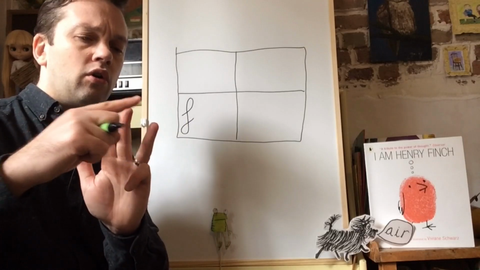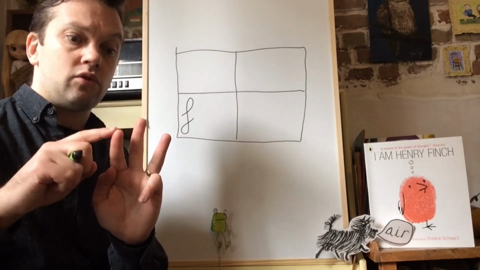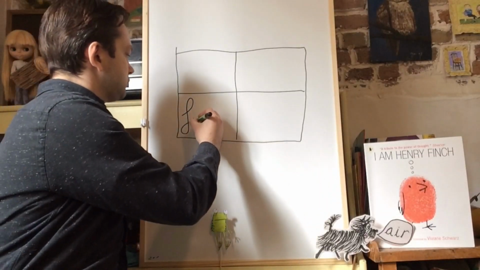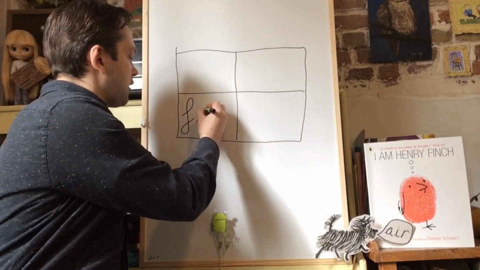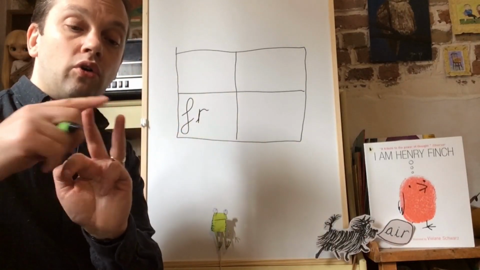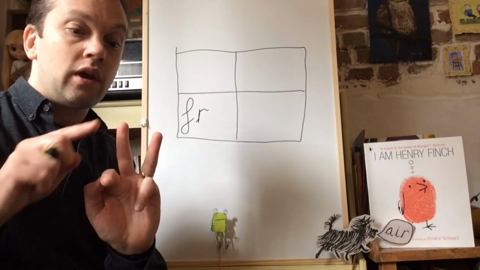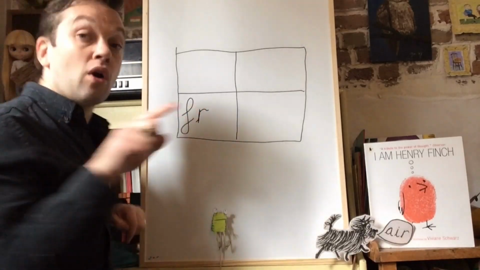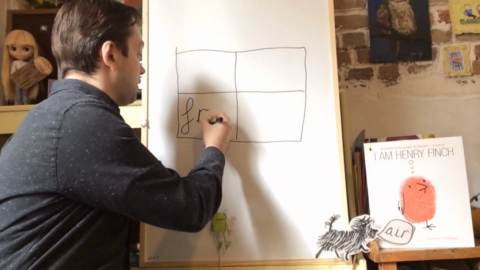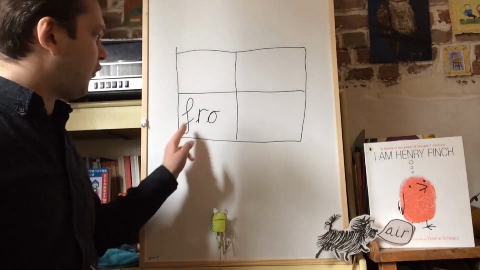Og. It's gone. What's next? The letter R. Og. What's next? Yeah, it's O, isn't it? O. Fro.